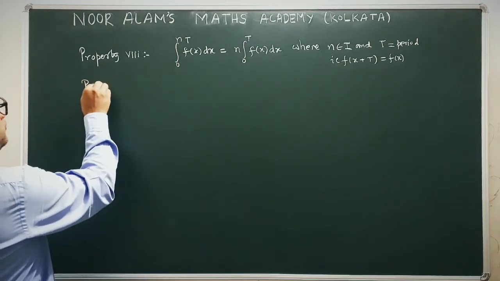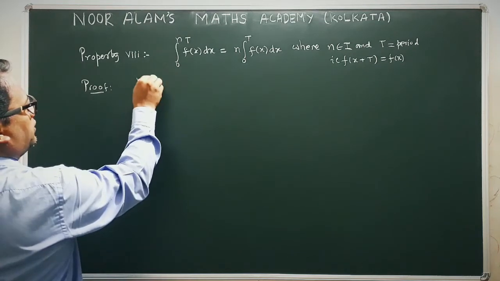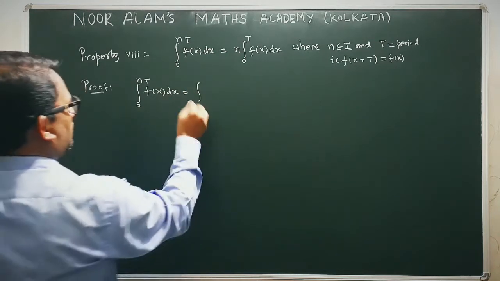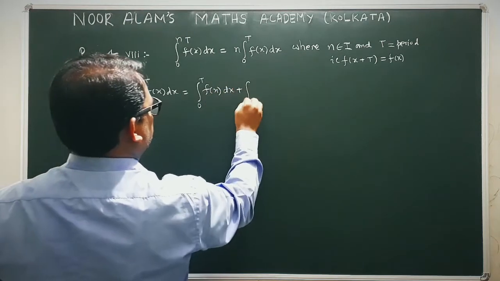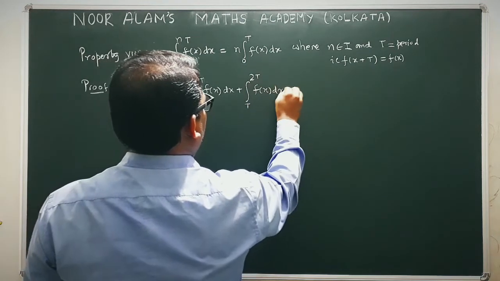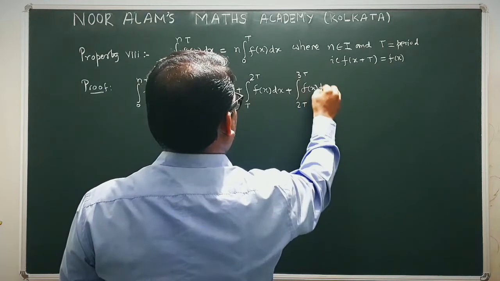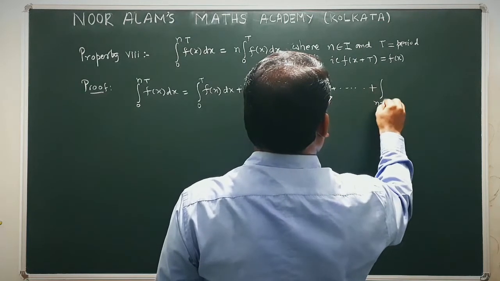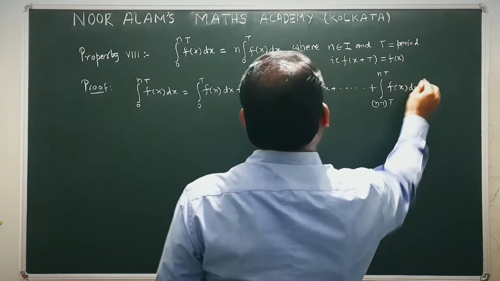Now we see the proof of this property. So now we can write the integral from 0 to nT of f(x) dx as the integral from 0 to T of f(x) dx, plus the integral from T to 2T of f(x) dx, plus the integral from 2T to 3T of f(x) dx. In this way we can write the last term, from (n minus 1)T to nT of f(x) dx.